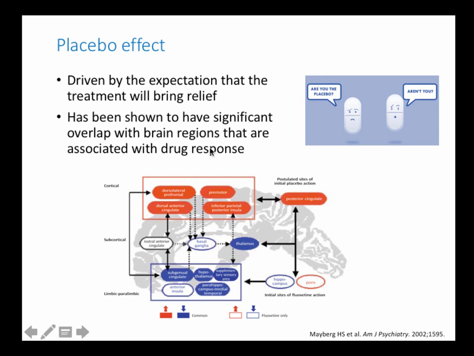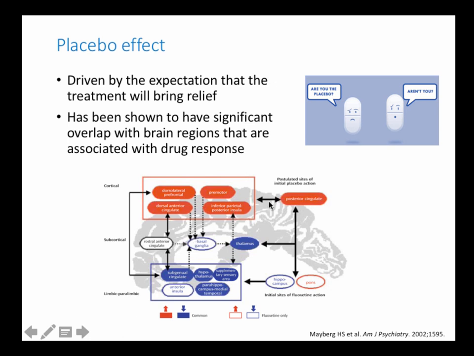There are a couple of studies that have been done, this one most notably by Helen Mayberg, where they tried to isolate the brain responses responsible for the placebo response. This cartoon demonstrates that the regions common to both are shown in the filled-in circles, and the ones specific to the antidepressant response, where the drug is actually in effect, are clear.